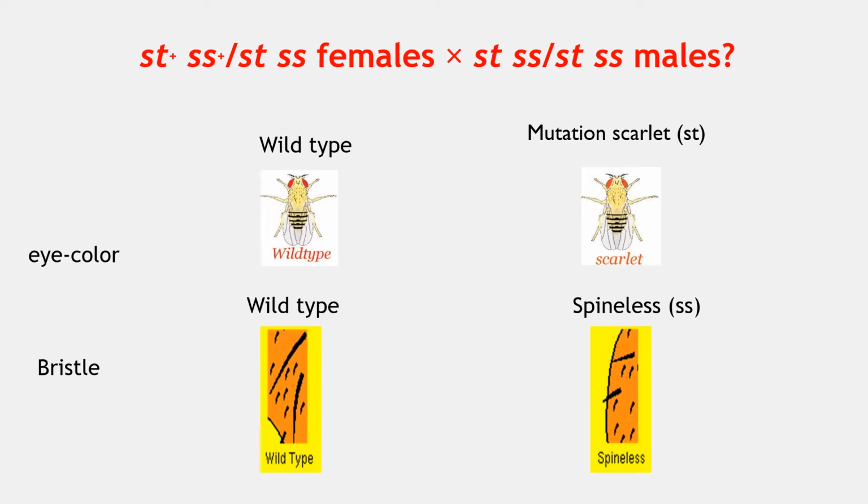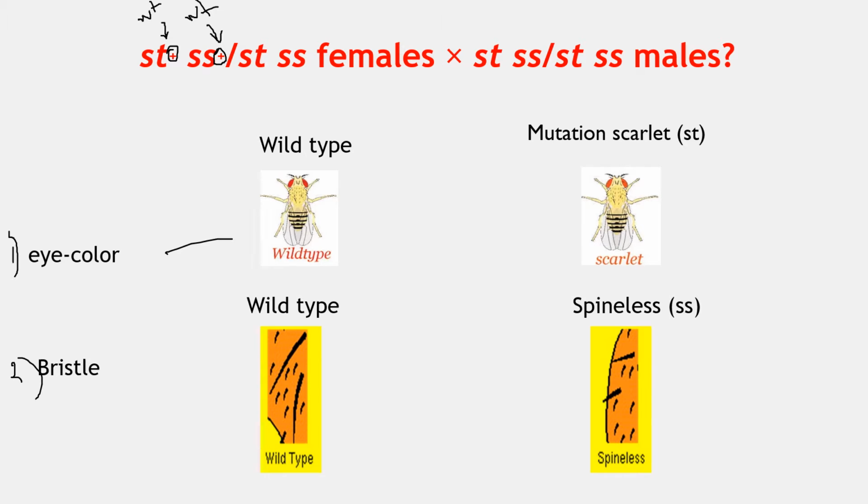The only thing you need to know is that this plus, in this notation, means that this is wild type. So this is the wild type, this is the wild type, and we're working with two traits, eye color and bristles.